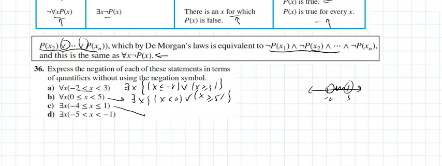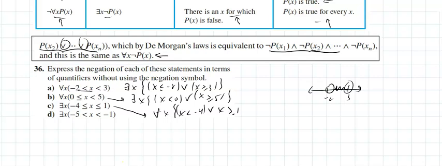Here, when it says there exists an x between -4 and 1, including both, you would say for all x, x is less than -4 or x is greater than 1.